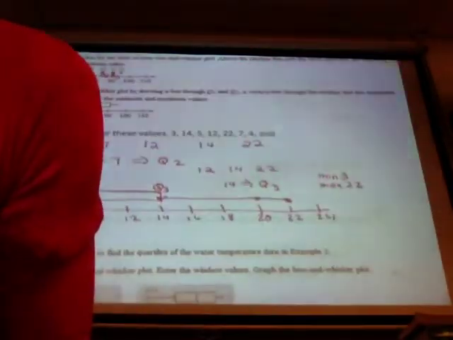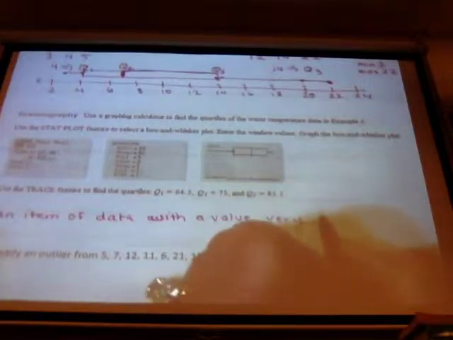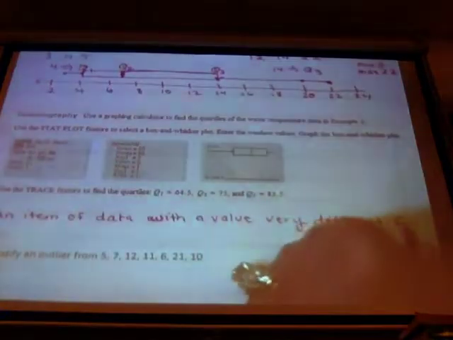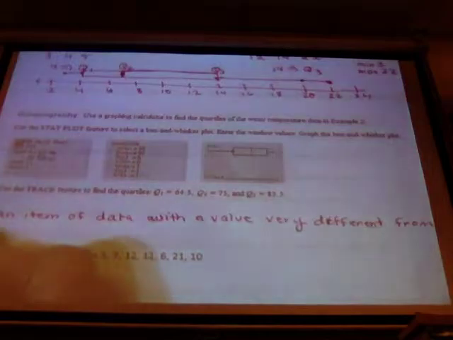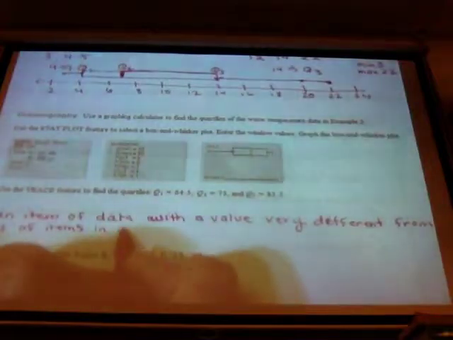Okay, so down here, an outlier is an item of data with a value very different from the rest of the items in the data set.